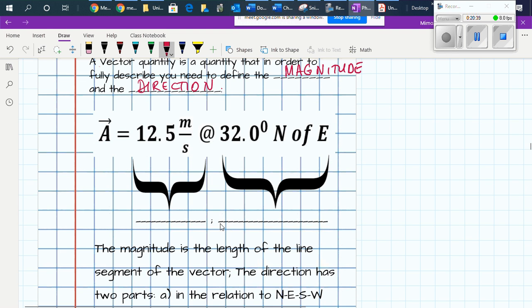Okay, so now when we have a vector A that is 12.5 meters per second at 32 degrees north of east, this part here is the magnitude of the vector. And whatever is coming after the "at" is the direction.